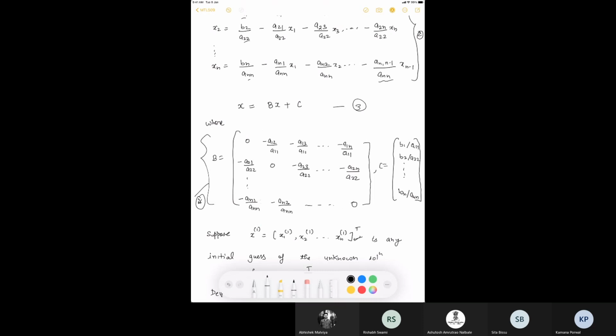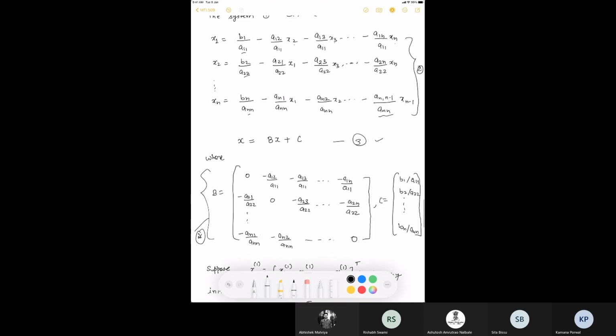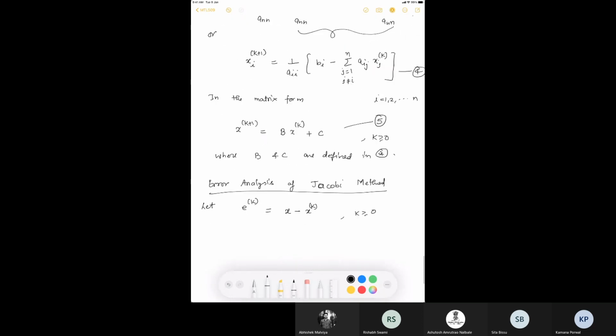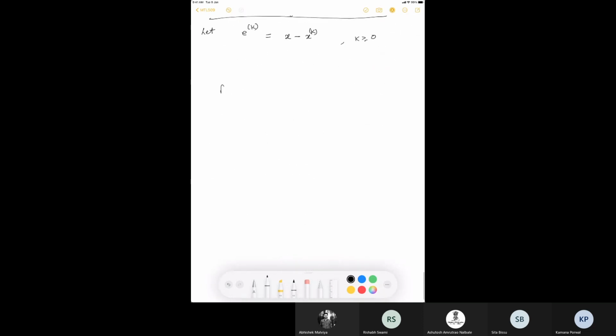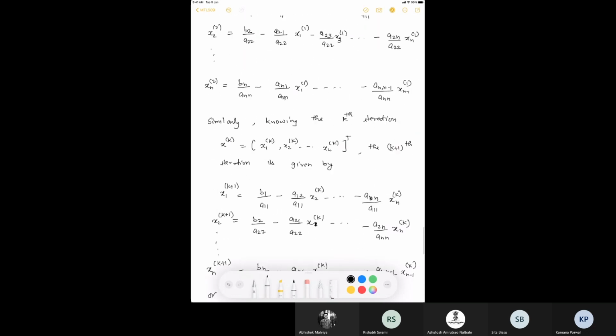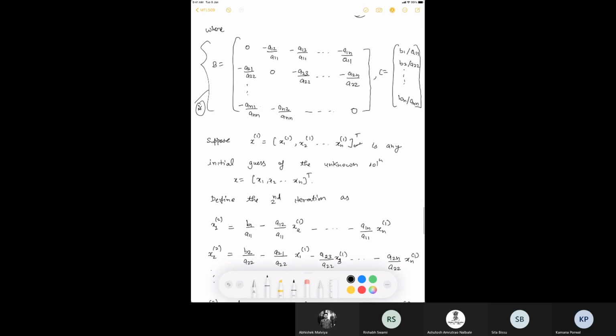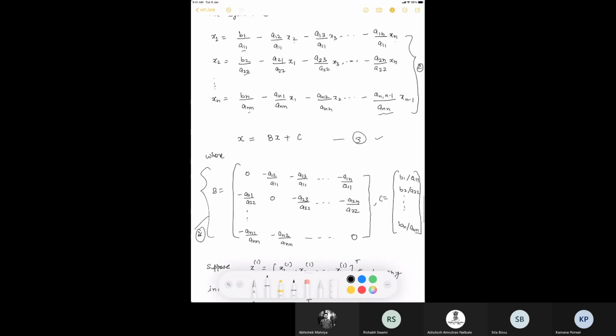So if I write down this equation 3, or basically the system 2, in the form of the sum, what do we have? From equation 3, if we write xi, that is the ith component of x, it will be very similar, right? So you see the matrix B here. This is nothing but aij's times the xj's plus bi.